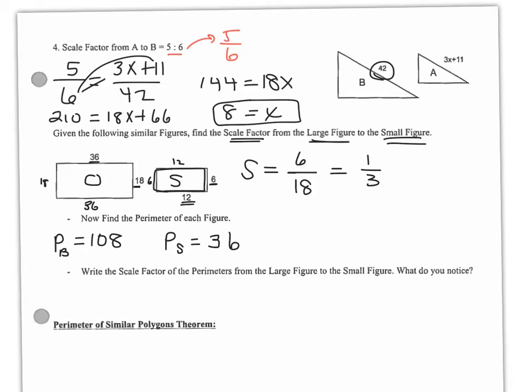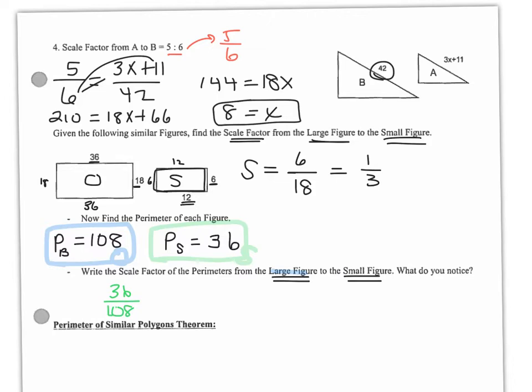Now it says, write the scale factor of the perimeter from the large figure to the small figure. If I look at my perimeters, my original perimeter is the large figure, so that's O. And my scaled one is the one that I'm going to, so that's S. So now I want to write the scale factor of the perimeter ratio, so I'm going to do scaled, which is 36, over my original, which is 108.